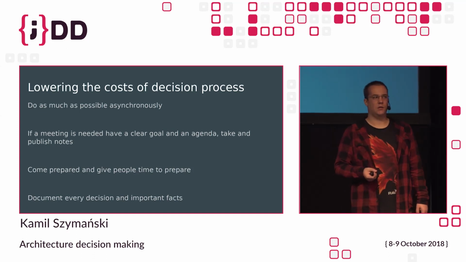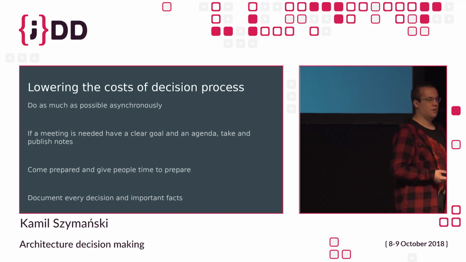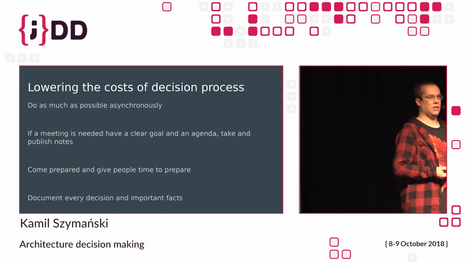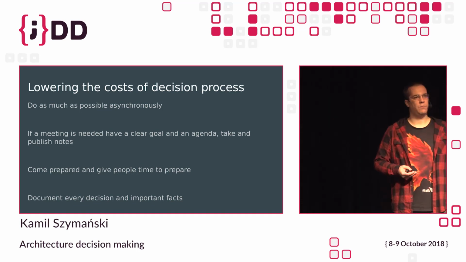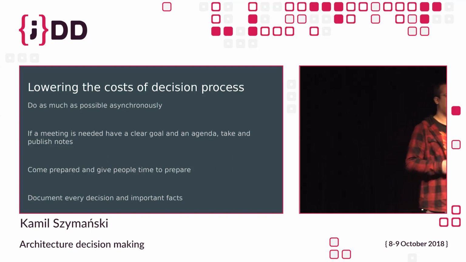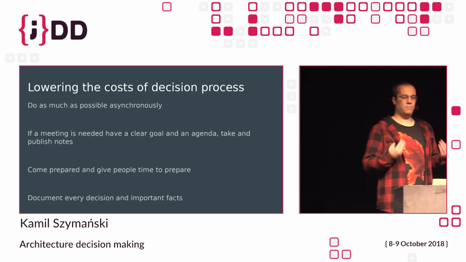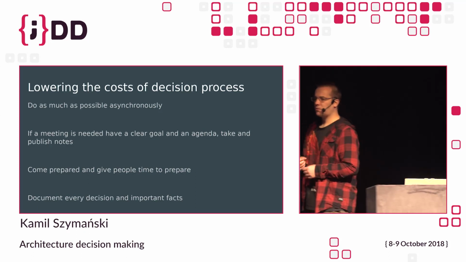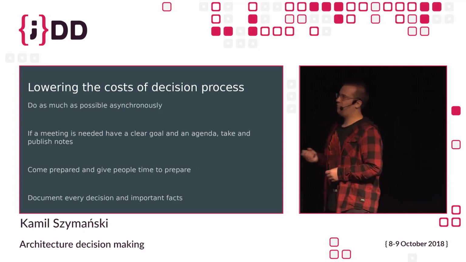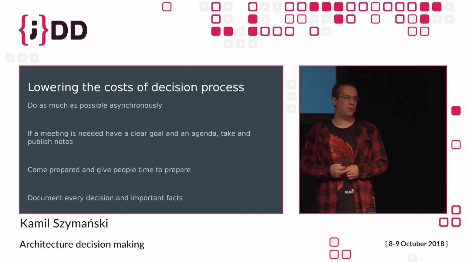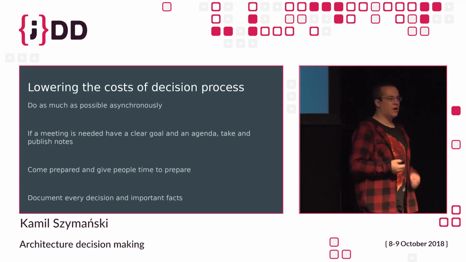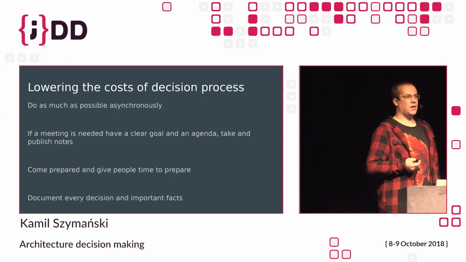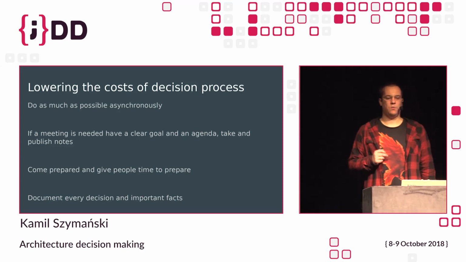If a meeting is needed, let's have it, but let's do the parts that we can do asynchronously, over a wiki page, for example. It's easier to comment on something, having time, not being in a rush, being able to comment on every question that pops up. It's way, way cheaper, and it also gives us time to think about the question to ask and the answer to give to that question.